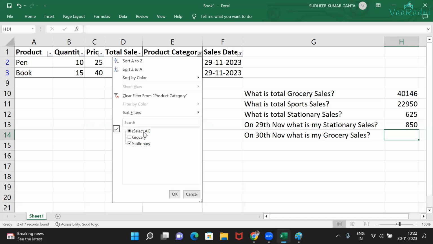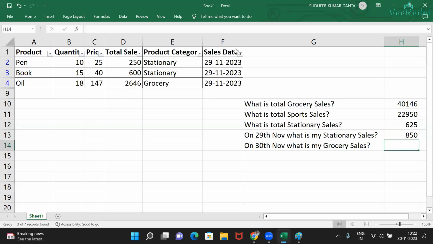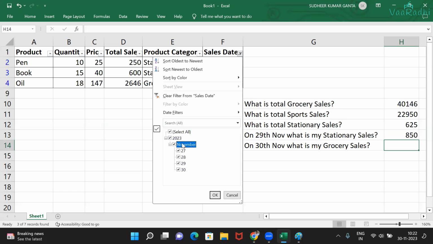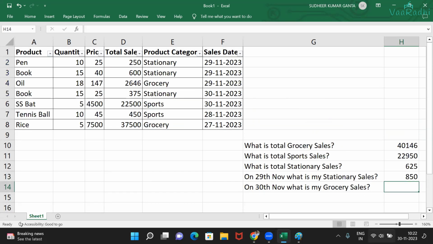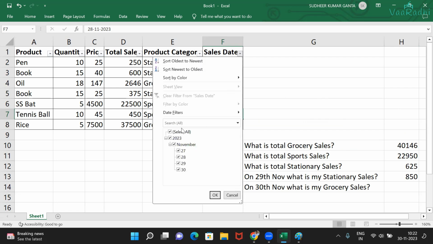Now, on 30th November, I'll deselect every filter. Now the entire data came back. On 30th November, what is my grocery sales? Tell me, guys, which filter do I have to apply first? Date, okay, then product.